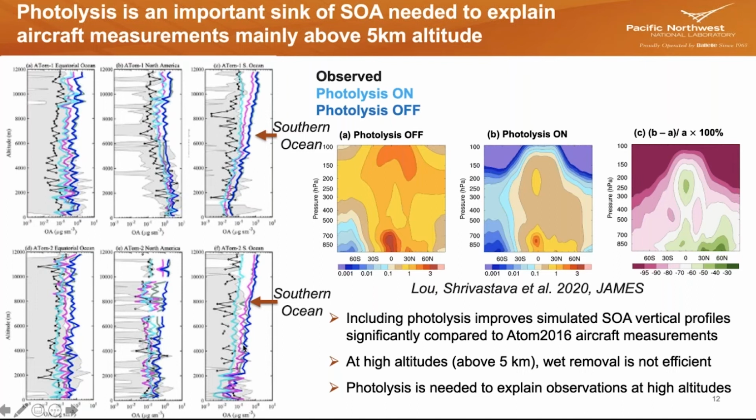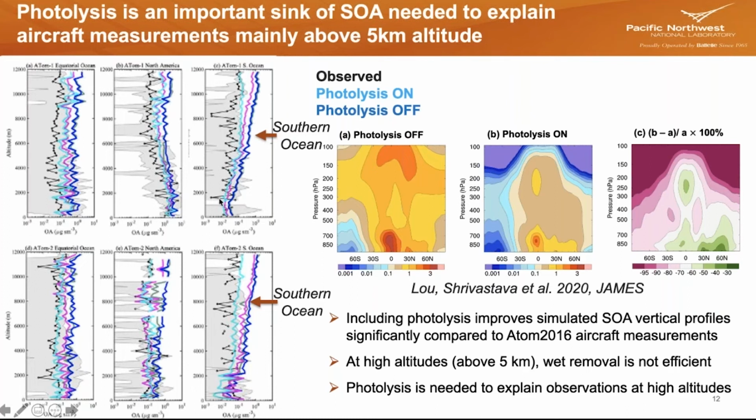The advantage of ATom 2016 was that it also sampled a lot of regions over the Southern Ocean. Here we see that in the dark blue, when we don't include photolysis, we can substantially overestimate SOA over some of these remote oceanic regions, whereas once we include the photolysis, shown by the cyan lines, it agrees much better.